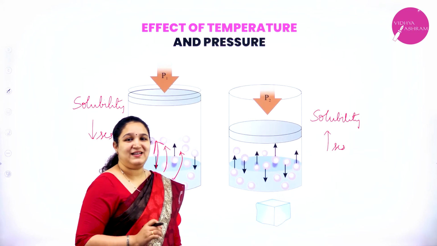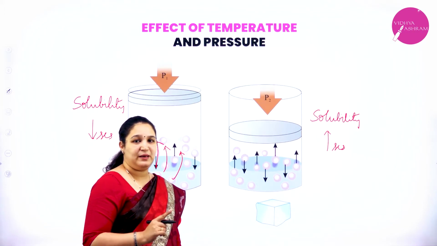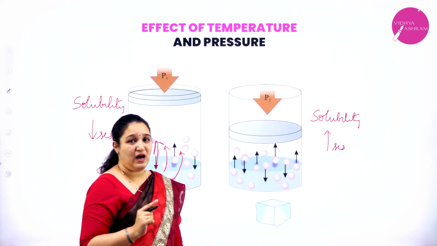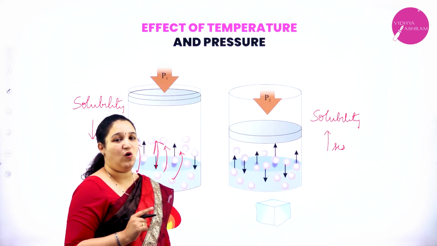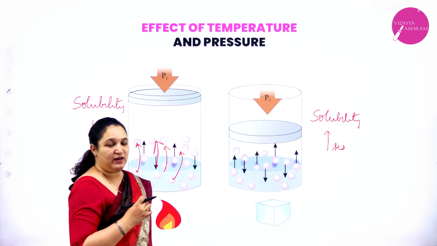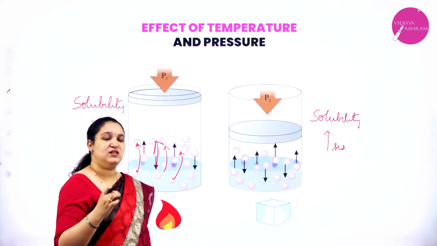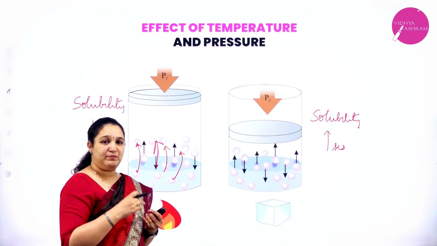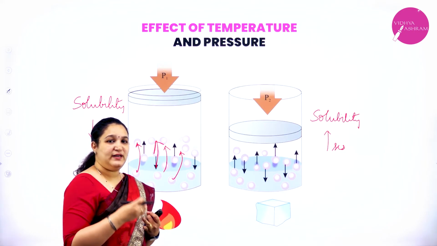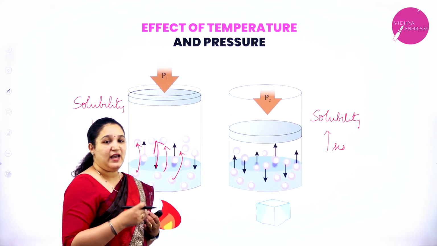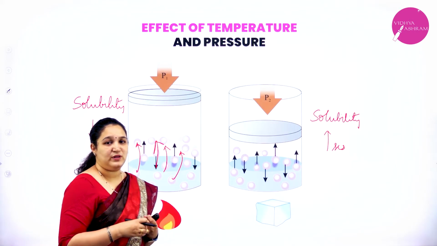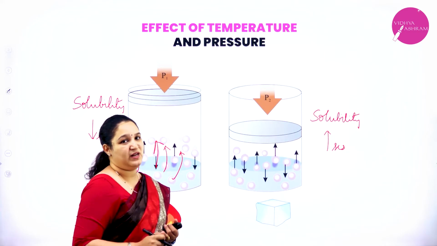So that is about the effect of temperature and pressure. Again, such questions can be asked for 1 mark also: what is the effect of temperature on the solubility of a gas in a liquid? If the temperature increases, solubility decreases. If the temperature is decreased, solubility can increase, with also the increase in pressure.